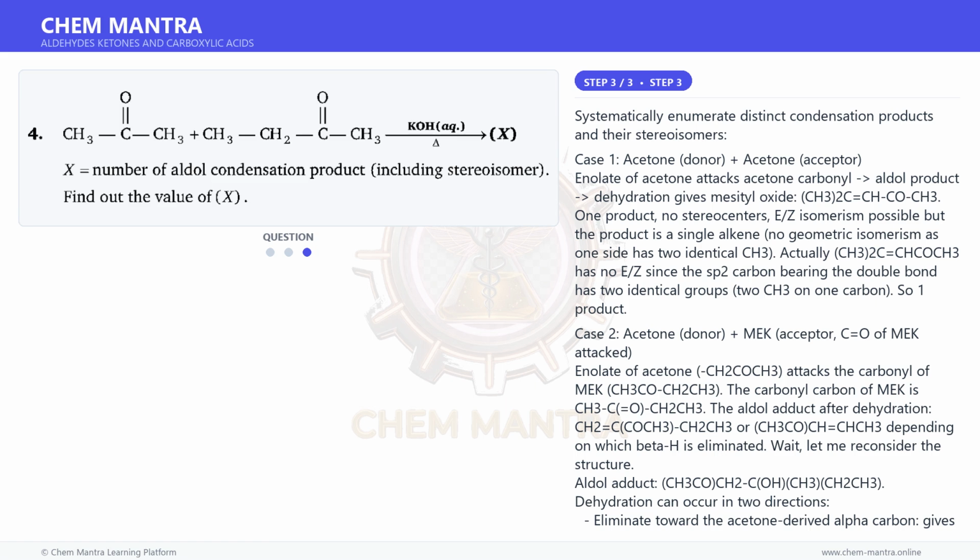One product, no stereocenters. E/Z isomerism is not possible, since the sp2 carbon bearing the double bond has 2 identical CH3 groups.